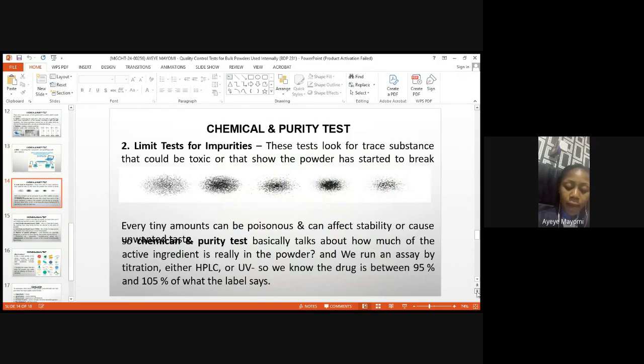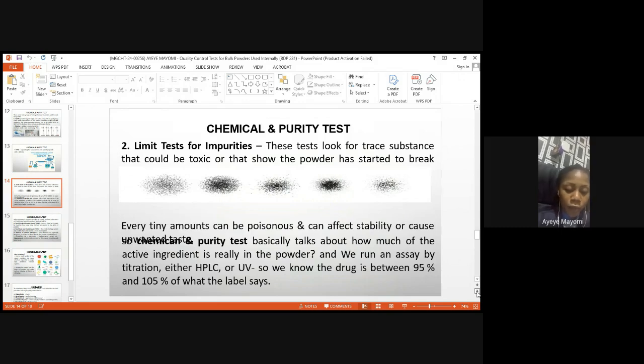So the chemical and purity test basically talks about how much of the active ingredient is really in the powder. And we can run an assay by titration, HPLC, or UV, so we know the drug is between 95 and 105% of what the label says.